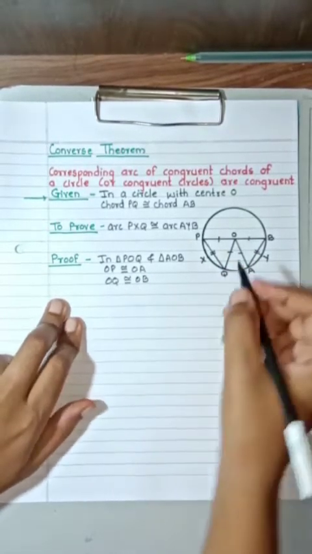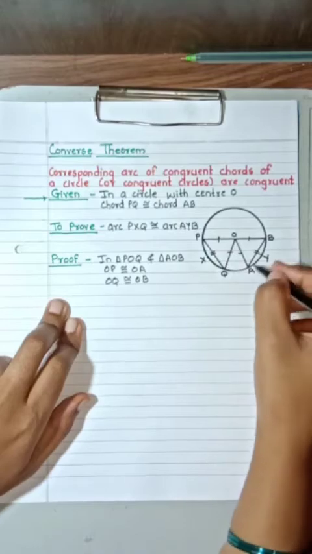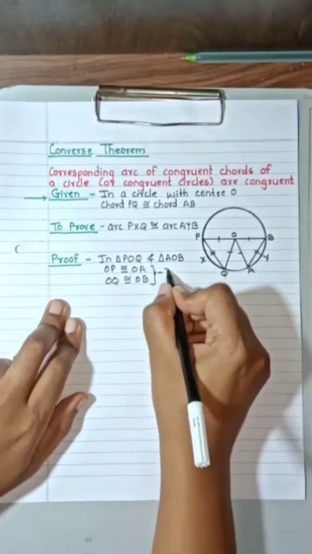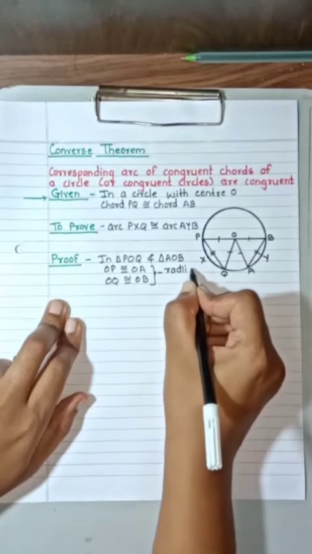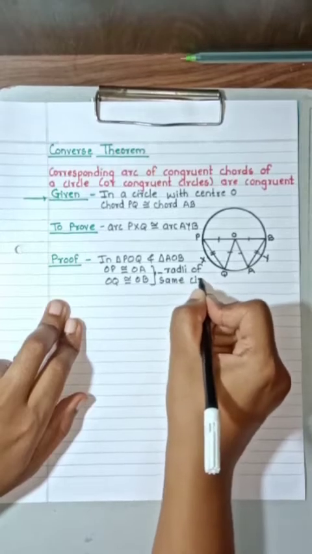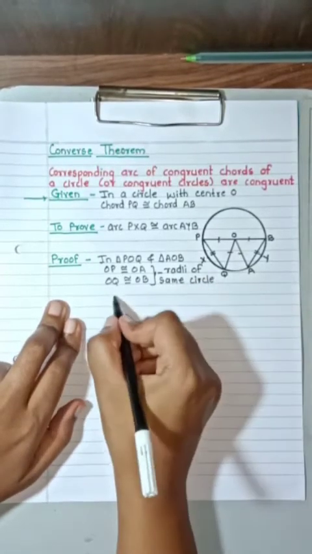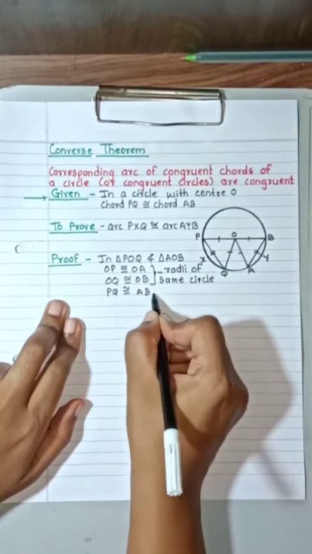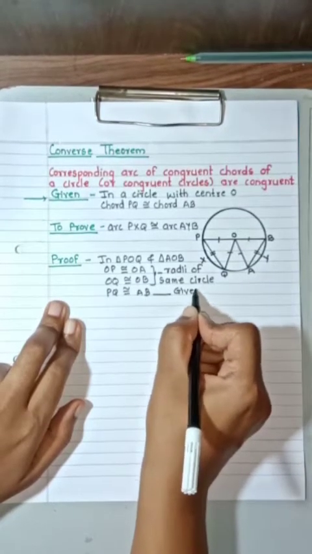This is radii of same circle. Then PQ is congruent to AB. This is given to you all.